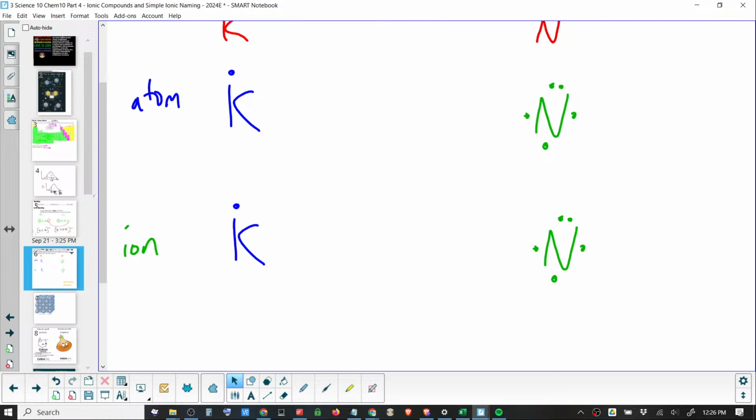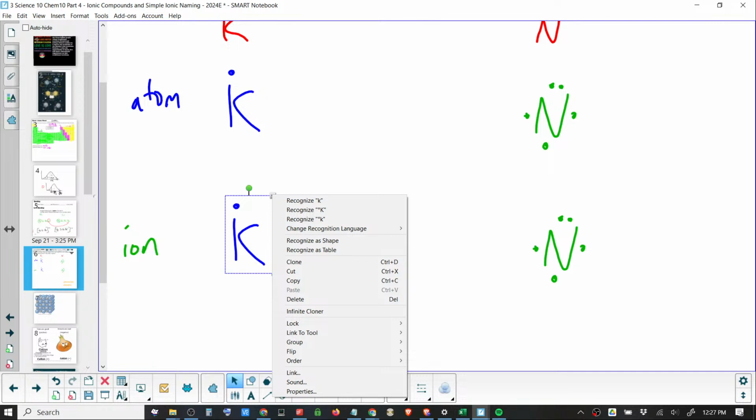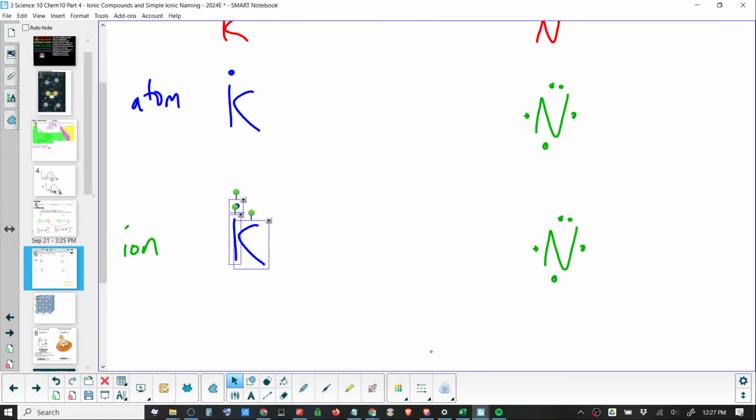Okay, what do we need to do to make these ions? We need to have enough potassium atoms. What does the potassium need to do to become an ion? Give away its electron. So let's take that, I'll ungroup it, and I'll literally take away its electron.